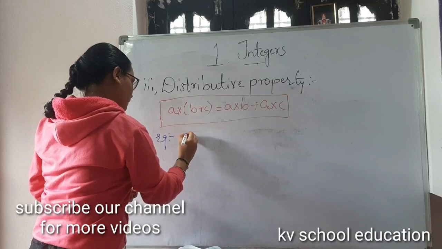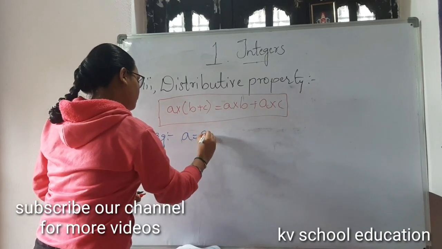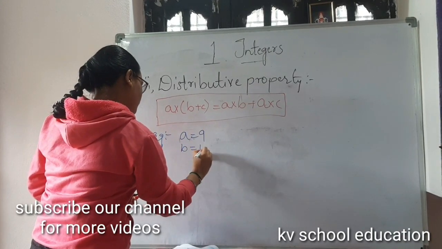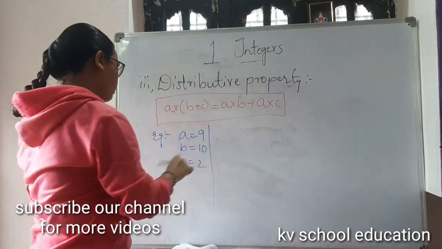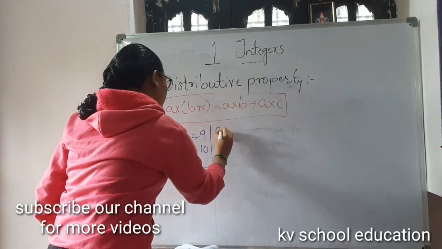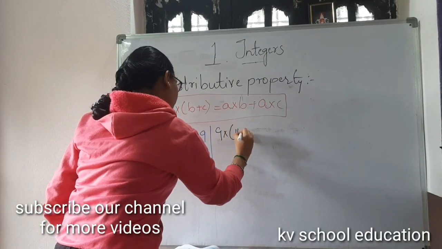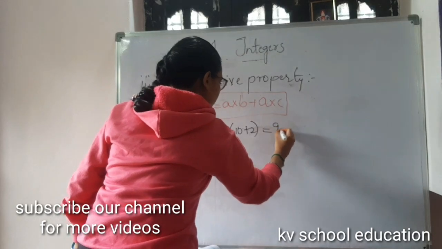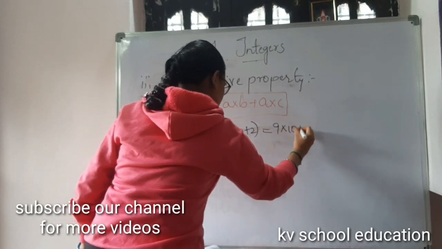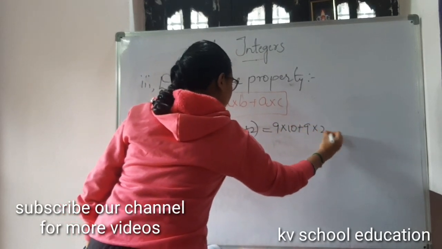Example: A is equal to 9, B is equal to 10, C is equal to 2, and we will see the solution, what we will get. So 9 into 10 plus 2 is equal to 9 into 10 plus 9 into 2.